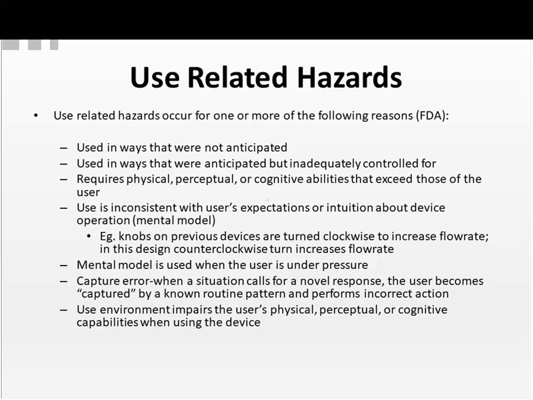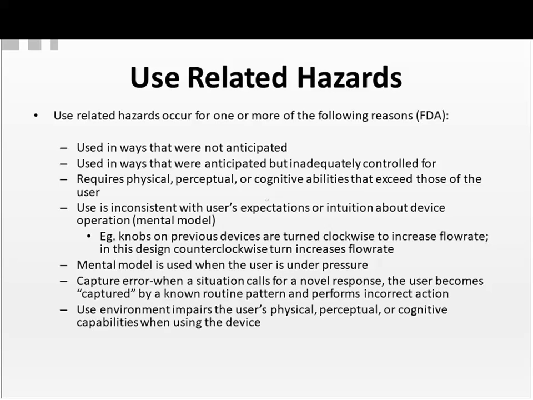Now, this is a simple-minded example, but it shows what could happen when you don't consider the mental model of the user. This is especially important when the user is under pressure. He would revert to his mental model rather than to the directions, the instructions for use.